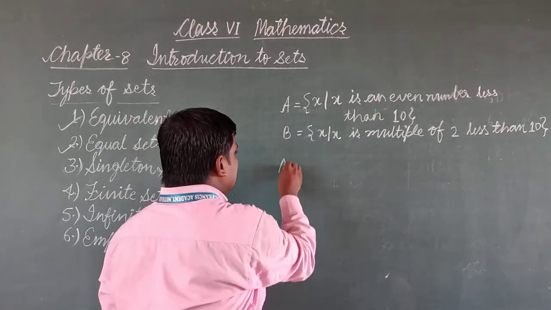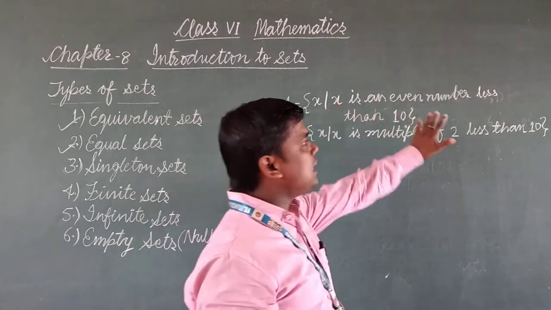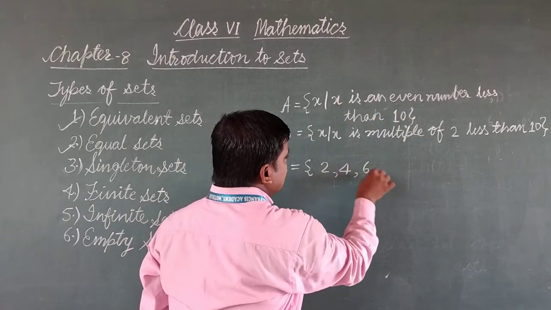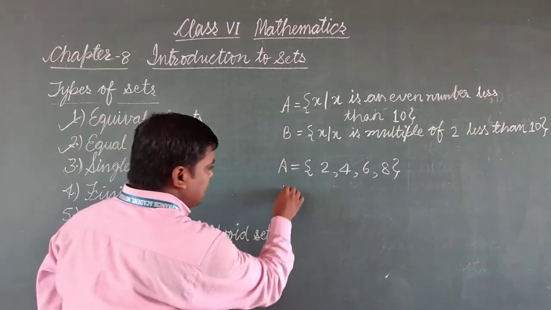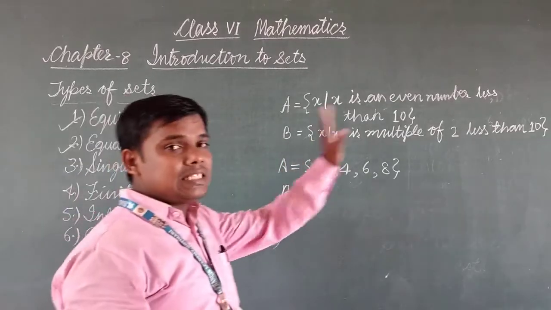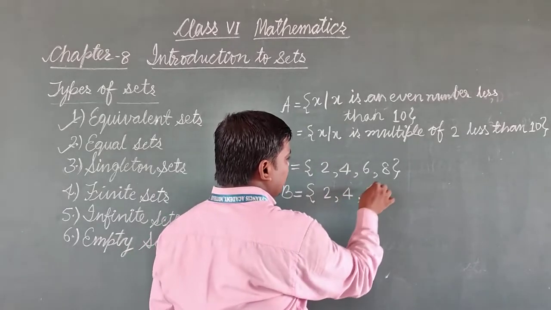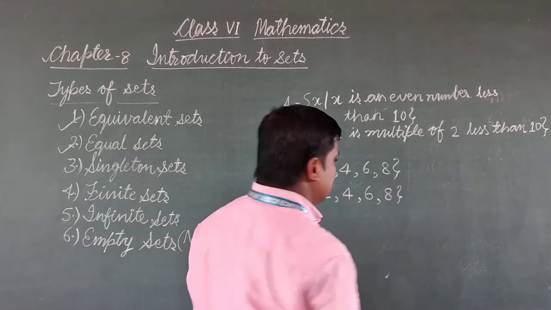If we write in roster form, you know even numbers less than 10 are 2, 4, 6 and 8. And set B, multiples of 2 less than 10: 2 1 is 2, 2 2 is 4, 2 3 is 6, 2 4 is 8. Next is 10.